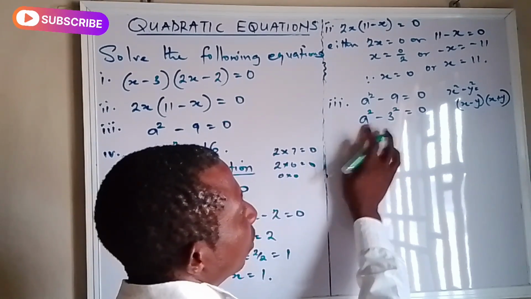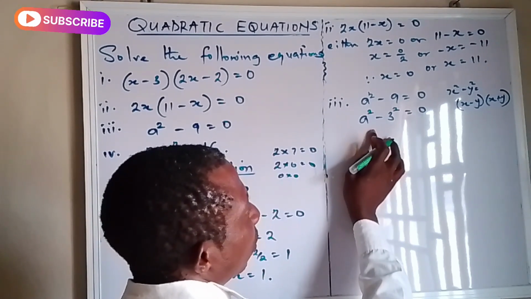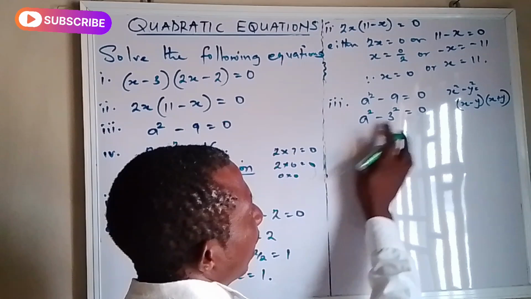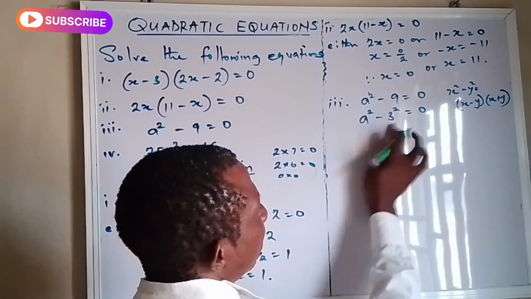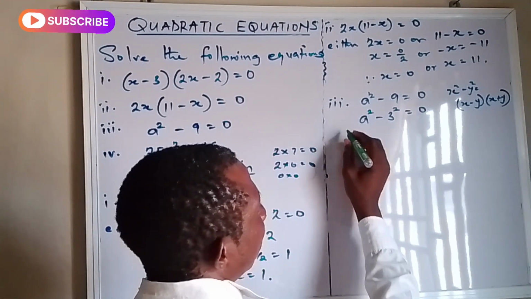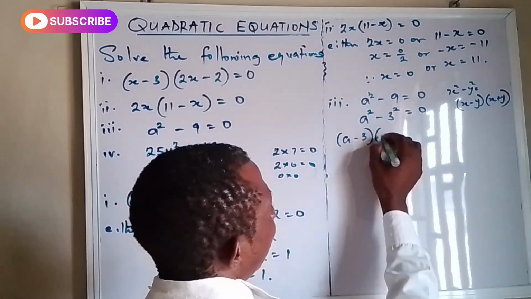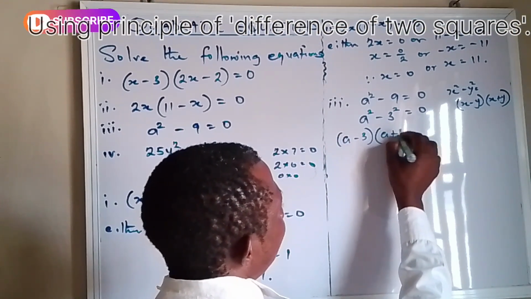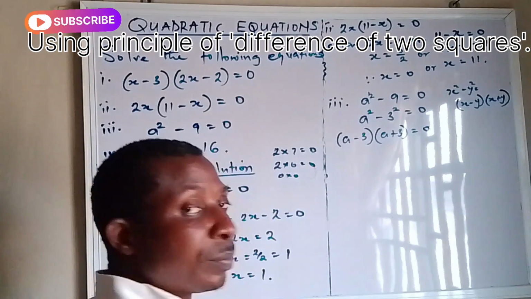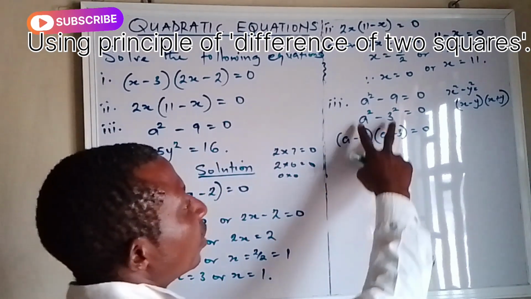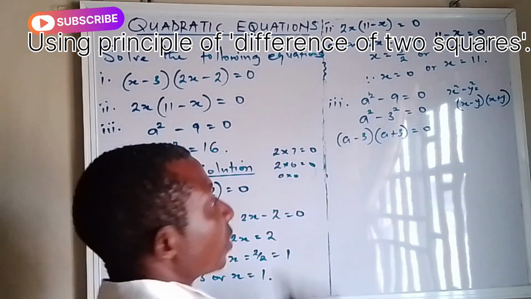So you can compare this with this. So this is my x and this is my y. That means the left hand side will turn to (a - 3)(a + 3) = 0, using the principle of difference of two squares.